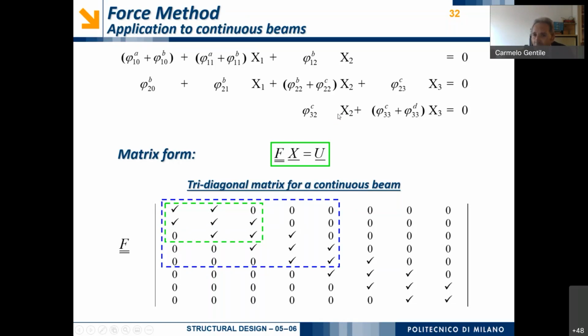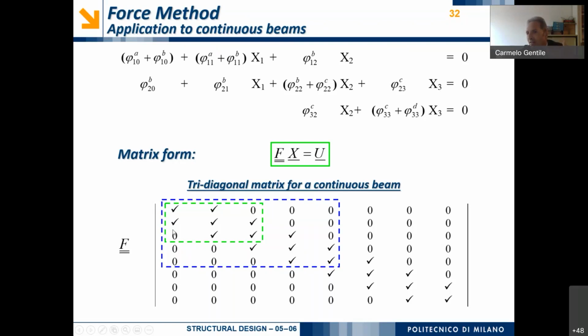Now let's look at the third equation. The term corresponding to the first column is equal to 0, whereas we have terms different from 0 corresponding to the second column and to the third column.